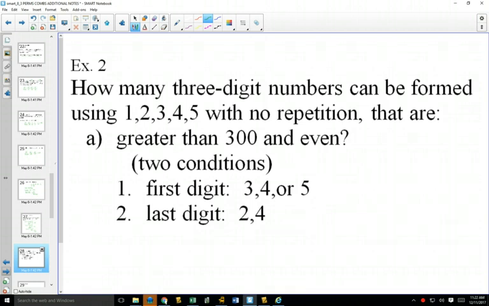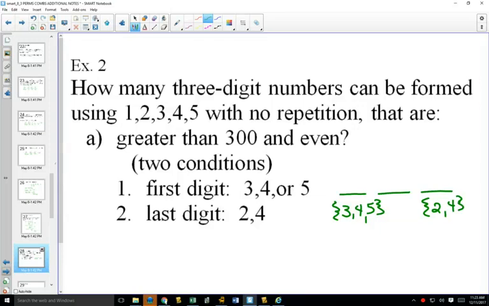So if I tried to do this with one case, all at once, if it's greater than 300, can you see that there's a restriction on my first digit. The restriction is my first digit has to be a 3, a 4, or a 5. There's also a restriction on my last digit. Because it has to be even, it would have to end with a 2 or a 4.